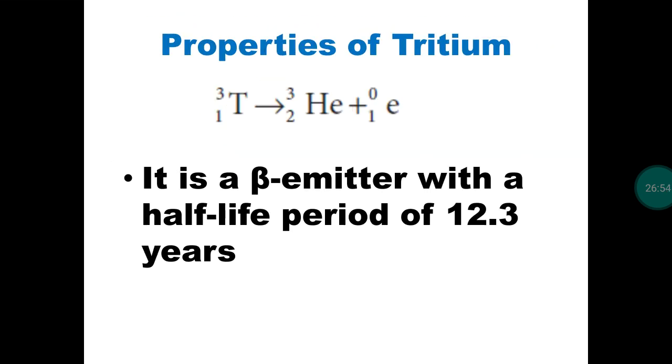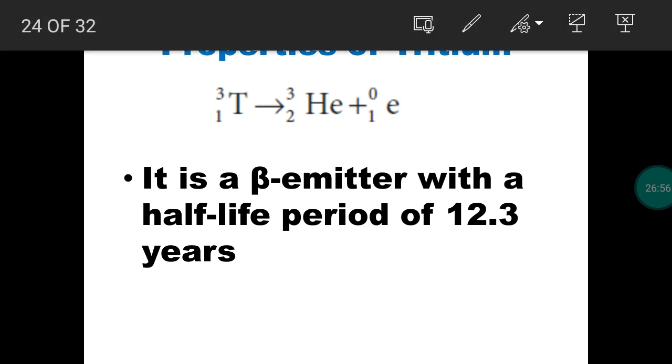Next, properties of radioactive hydrogen called tritium. As we said, it is radioactive in nature. It emits alpha, beta, gamma rays. When you take tritium, because of radioactive disintegration, it emits which particle?